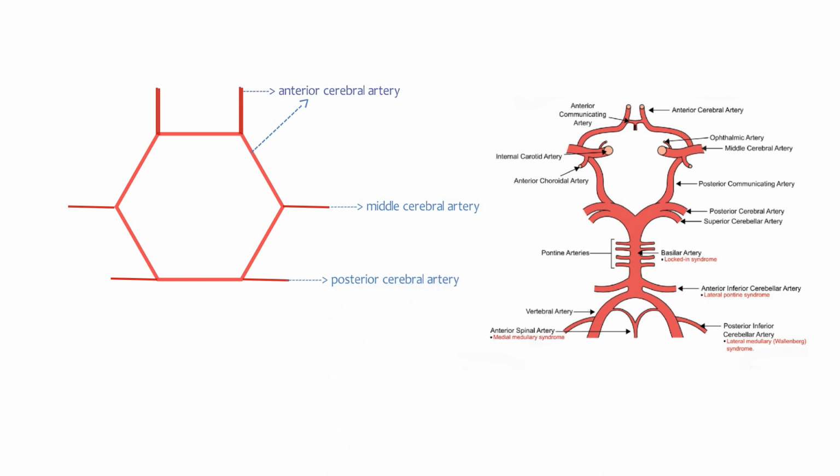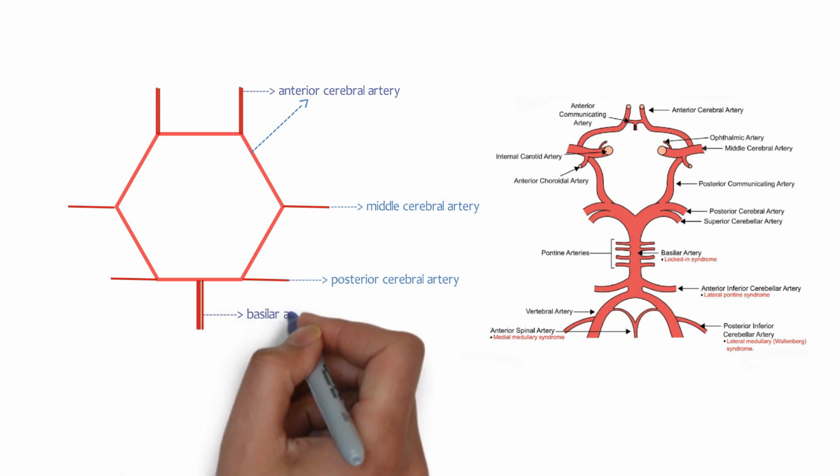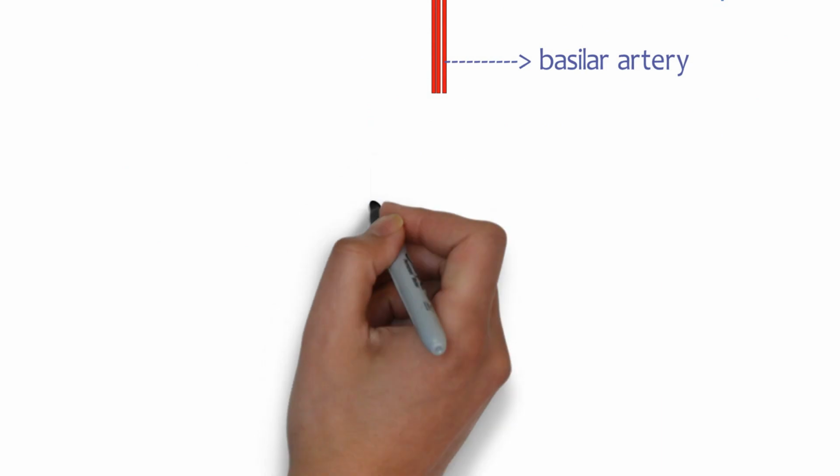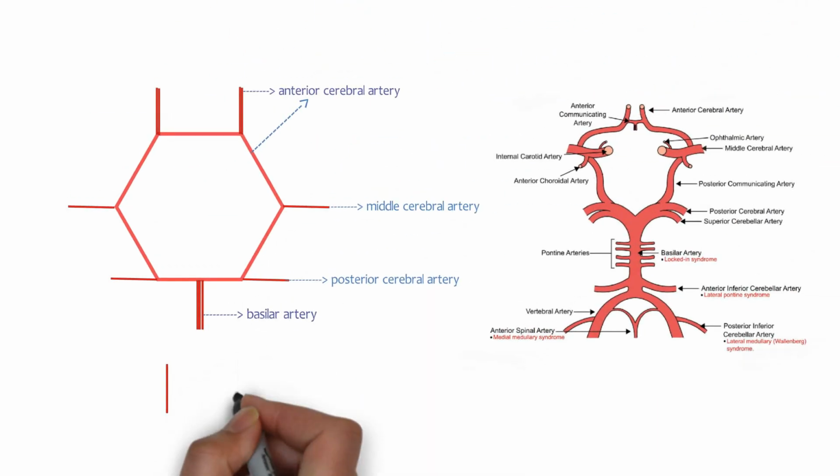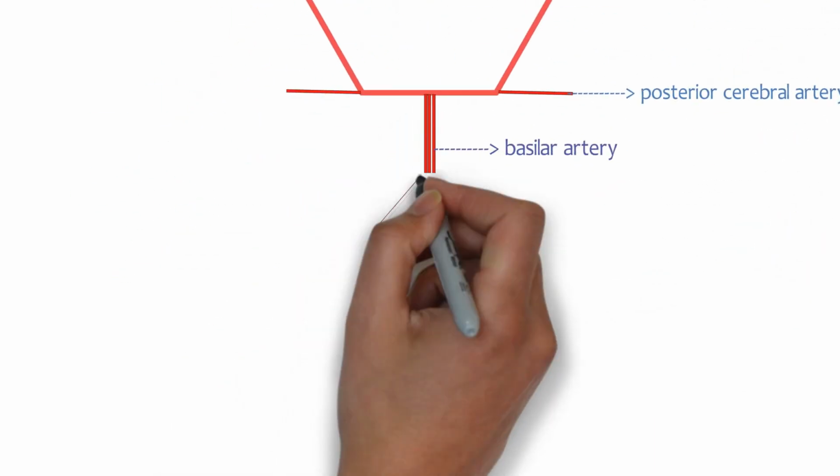You can compare this diagram with this 2D structure of the circle of Willis. This is the anterior cerebral artery, this is the middle cerebral artery, and this one is the posterior cerebral artery. Let's draw a vertical line here, which is the basilar artery, formed by the combination of the two vertebral arteries.